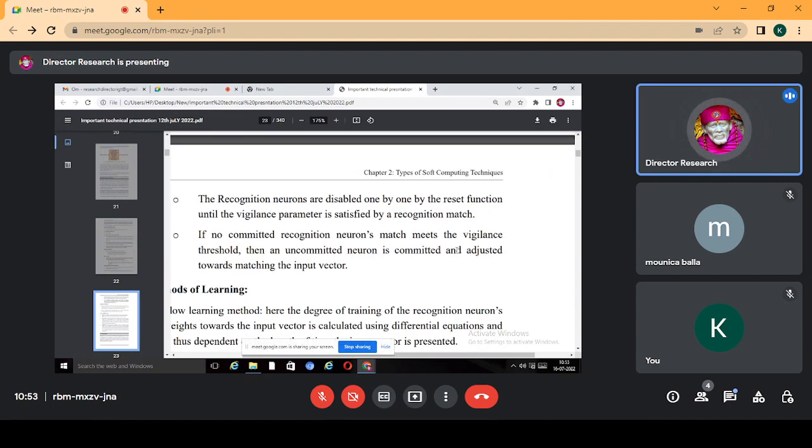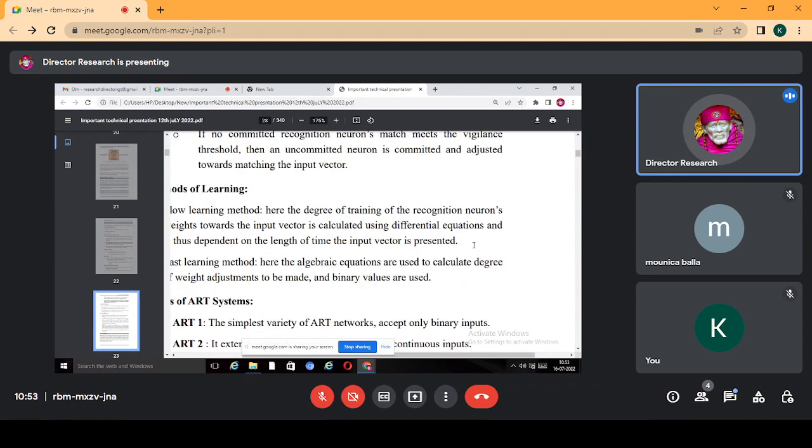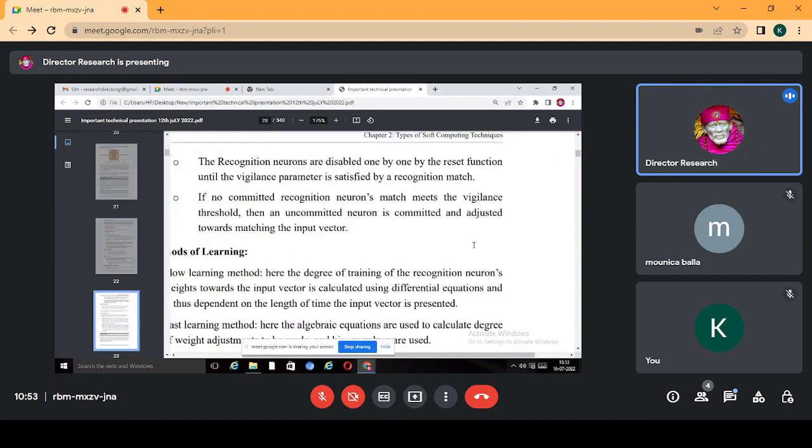Just observe this flow chart; what I am giving below, I will explain one by one. We can reset the function until the vigilance parameter is satisfied by a recognition match. If no committed recognition neuron's match meets the vigilance threshold, then an uncommitted neuron is committed and adjusted towards matching the input vector.